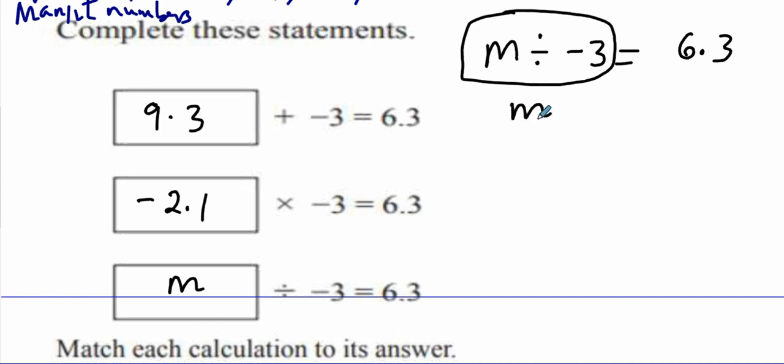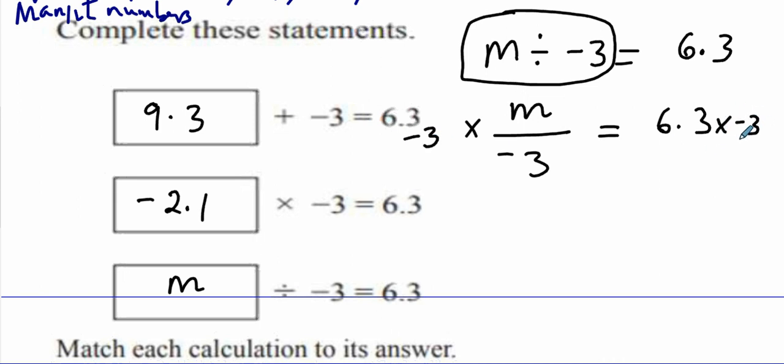So this will be m over -3 equals 6.3. How do we get the value of m? Multiply by -3 on both sides. Negative times negative becomes positive. 3 and 3 will cancel. So you remain with m equals, then you multiply. Positive times negative, you get negative.